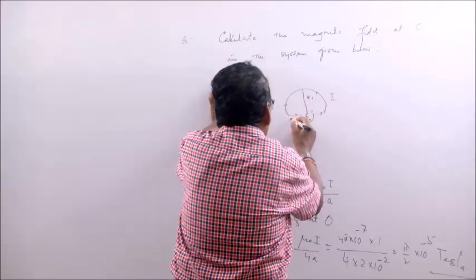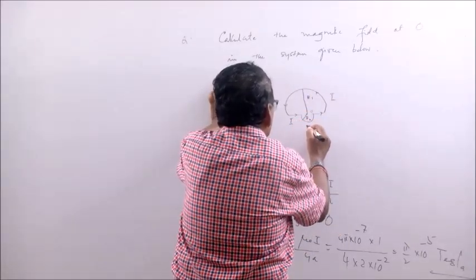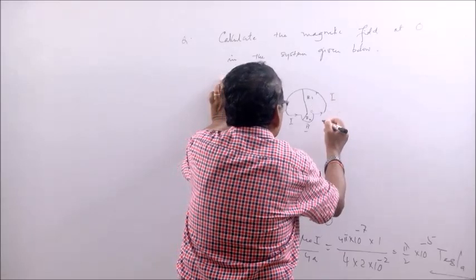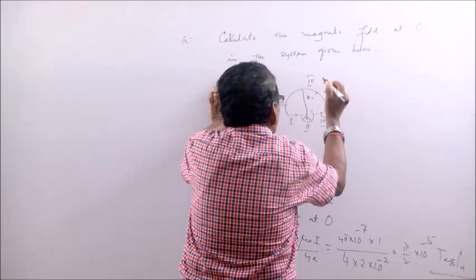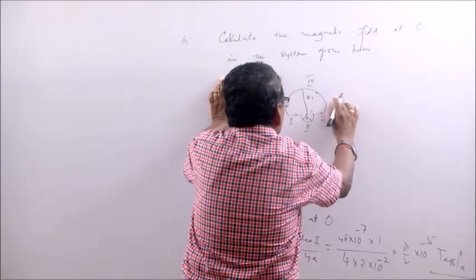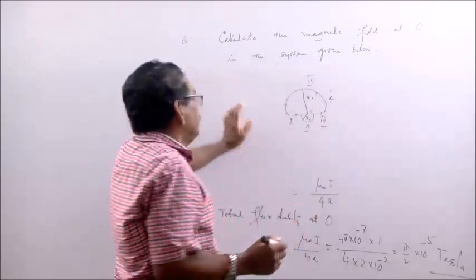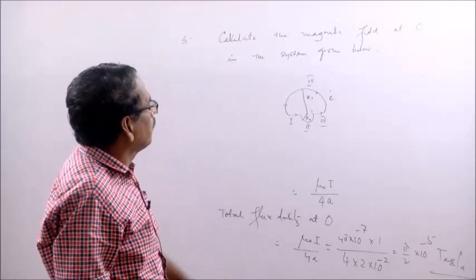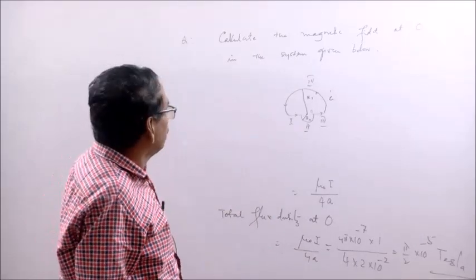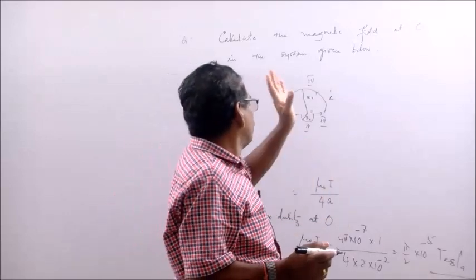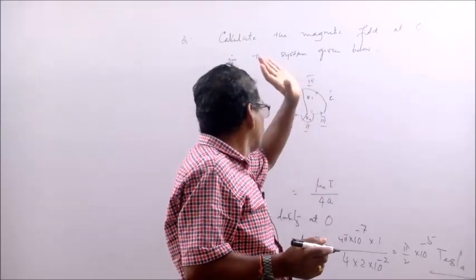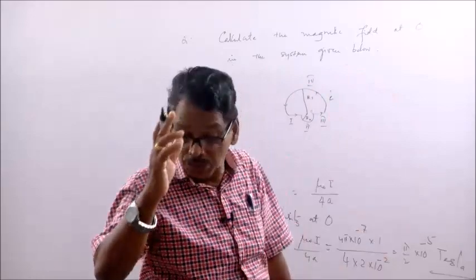This is first part, this is second part, this is third part, this is fourth part. Current is I. Flux density at O: flux density due to first part, flux density due to second part, flux density due to third part, flux density due to fourth part.